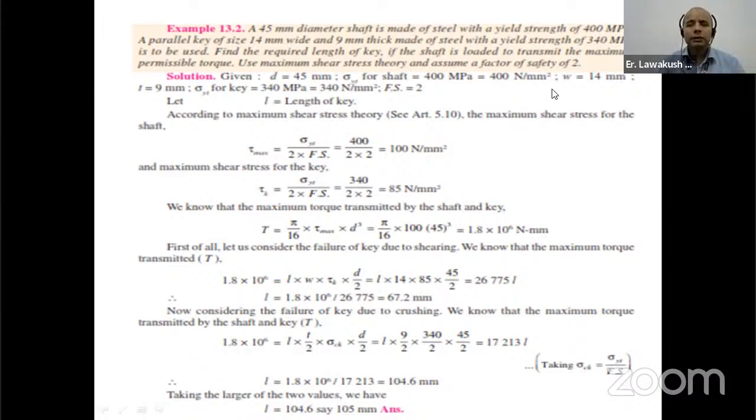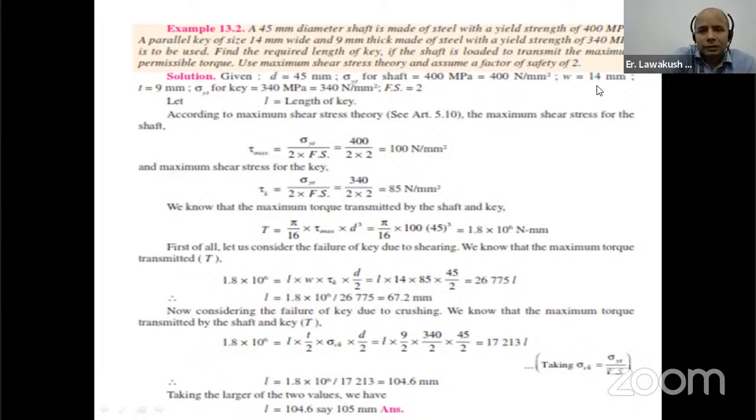First thing, we will put the dimensions of all the portions in a uniform unit. So we will convert it into Newton per millimeter square.